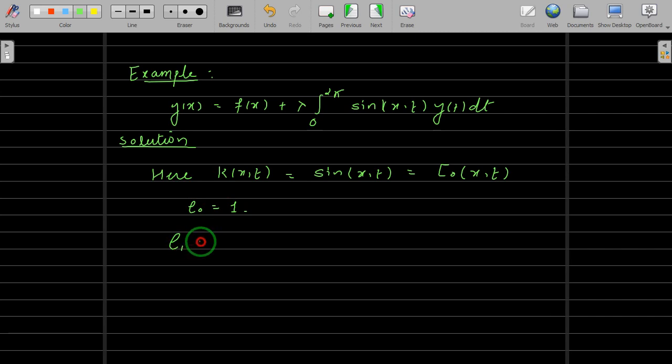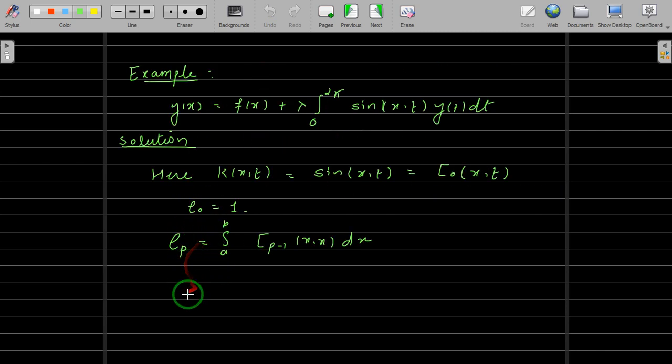And by the recurrence relation we have small c1 as the integral from 0 to 2 pi of capital C0 of x comma x dx.